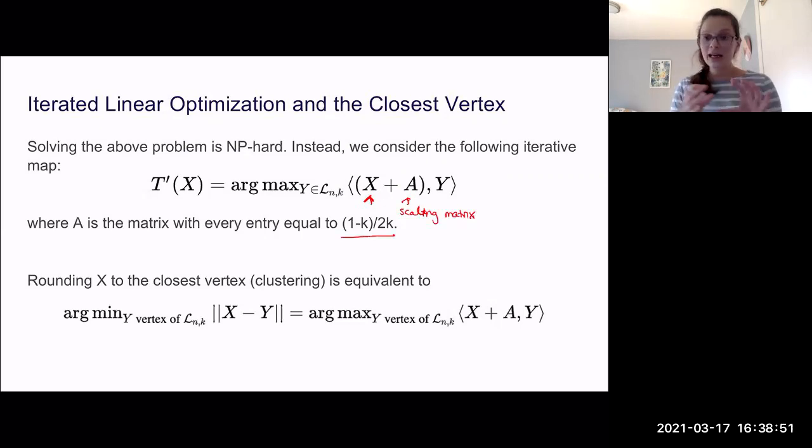I'm going to use that as my M in the next iteration. So now I put in M, and I optimize again to find a new matrix Y that optimizes this.